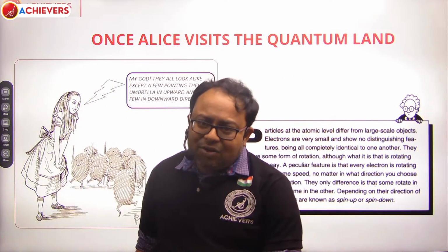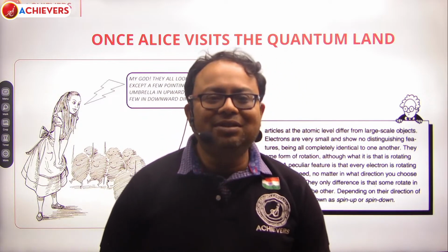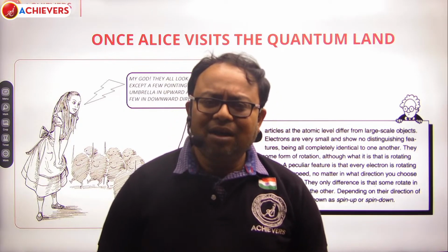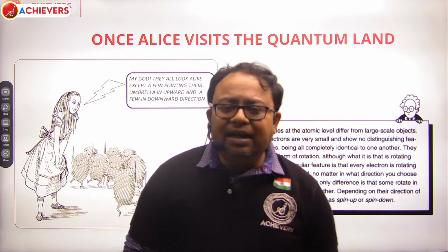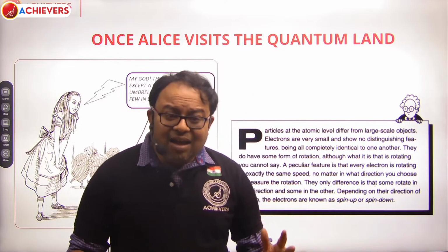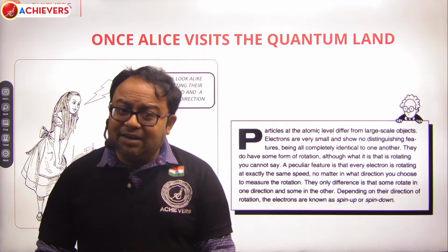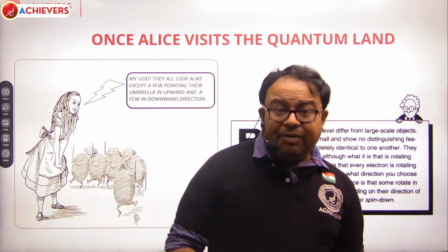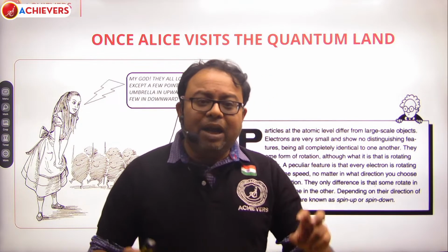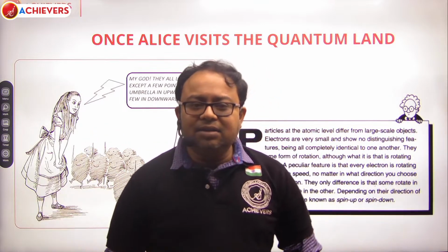Now what were those entities? Those entities are electrons. And students, electrons are indistinguishable particles. This is the basic difference between quantum mechanics and classical mechanics. In classical mechanics, we are dealing with macro particles which are distinguishable. You can distinguish two marbles if one is colored white and another is colored black.